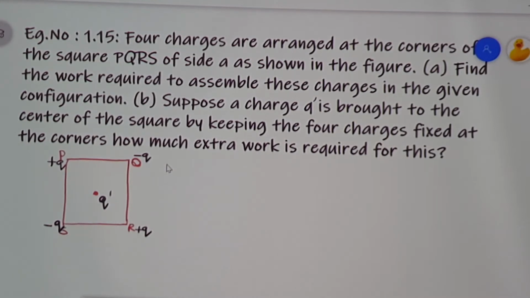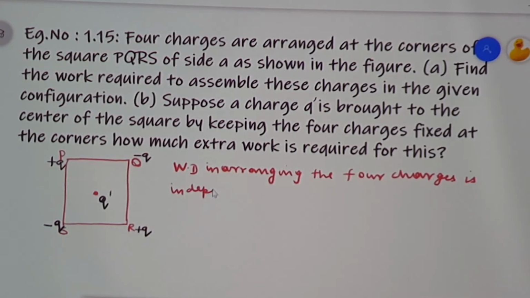First of all, we can say the work done in arranging the four charges is independent of the way by which the charges are moved or arranged.